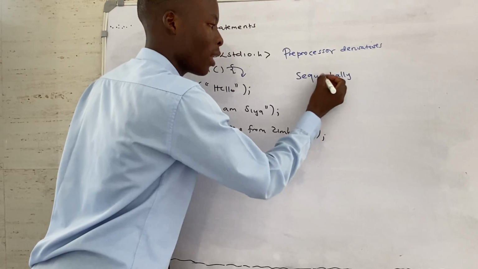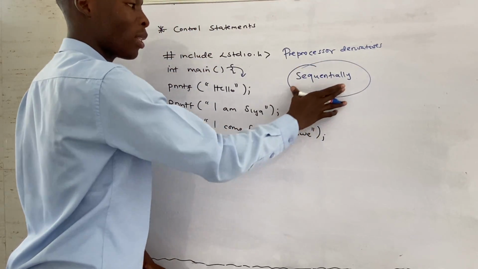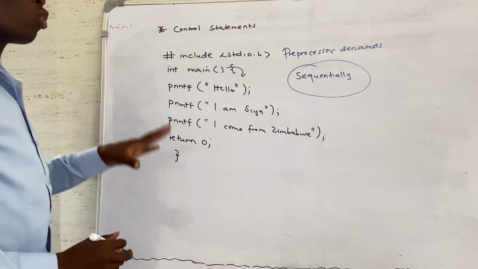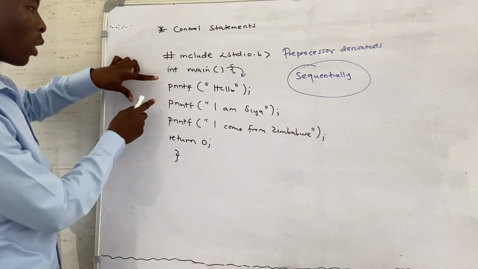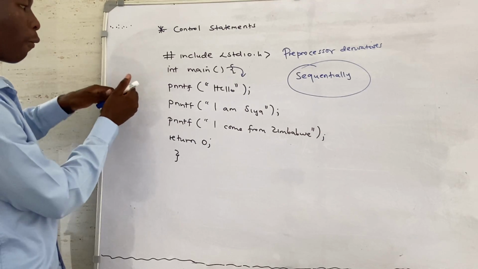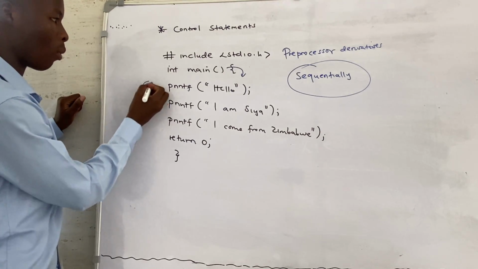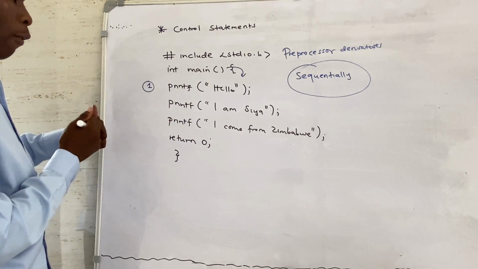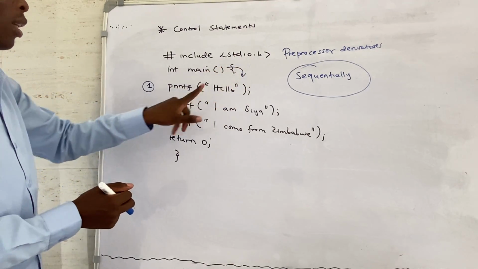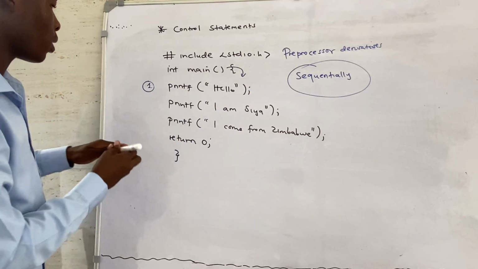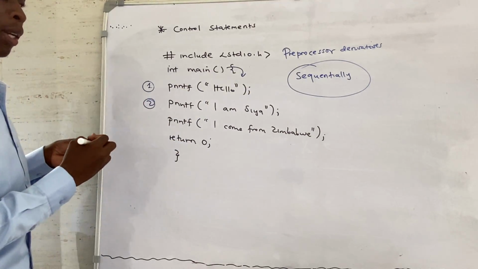It is going to execute sequentially. What is the meaning of this? It is going to check one statement after the other. It is going to visit this statement first. This is my statement number 1 in the main function. After visiting this statement, it is going to be executed. After the execution of this statement, it will execute statement number 2.